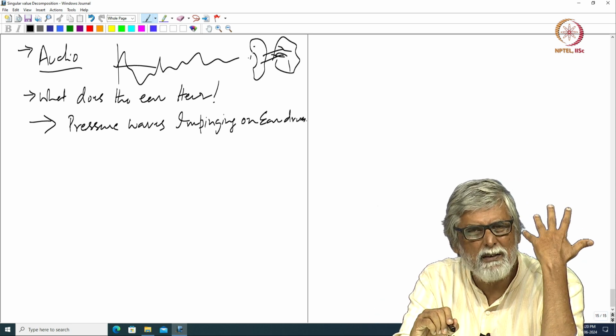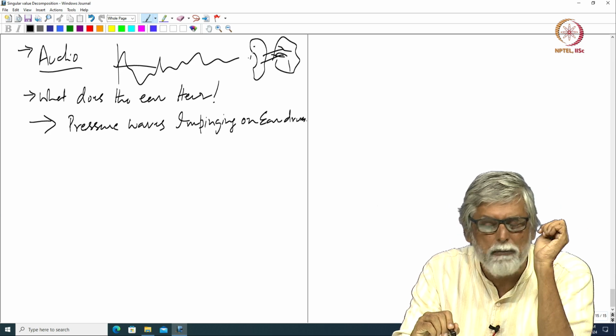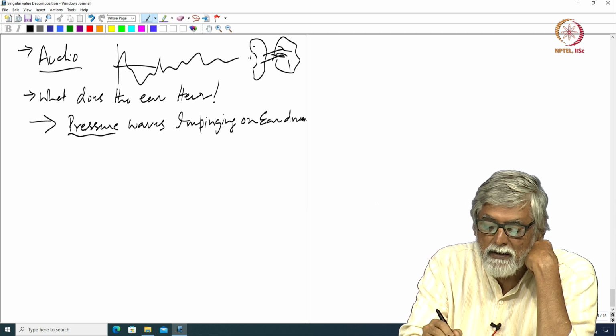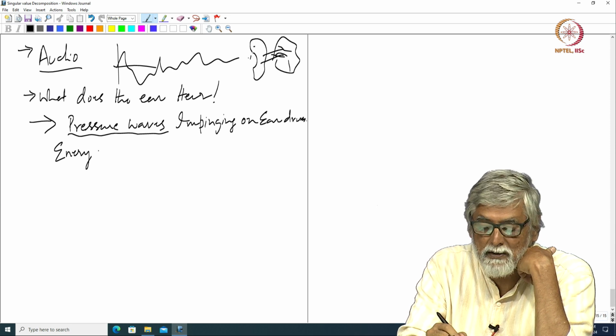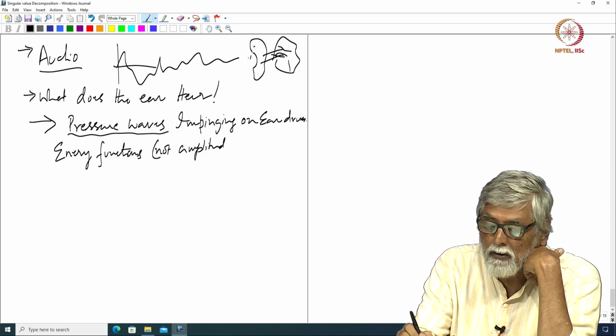Then of course, there is the neuroauditory process and all that. We will not worry about that right now. So what are these pressure waves? These are basically energy functions, not amplitude alone.